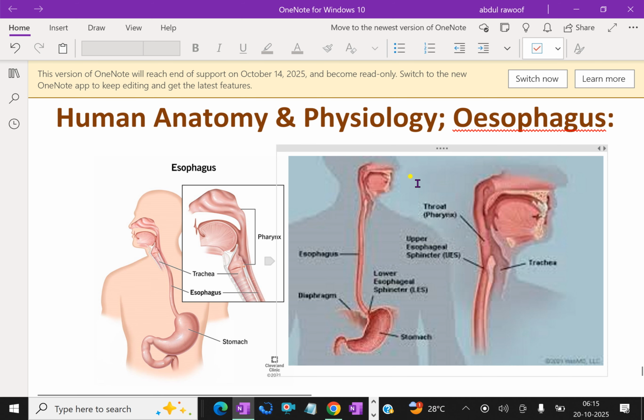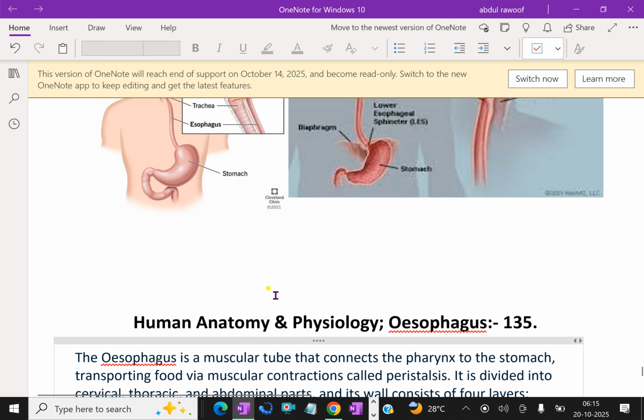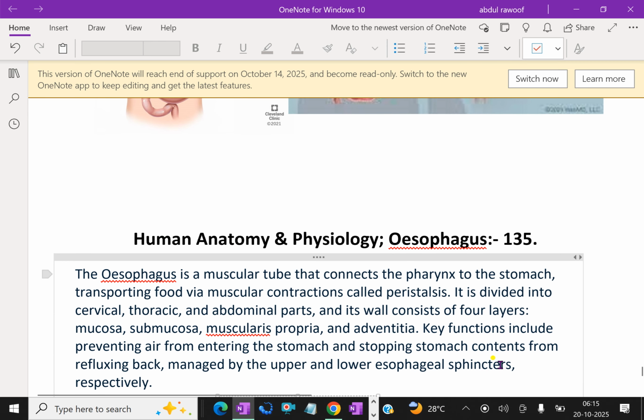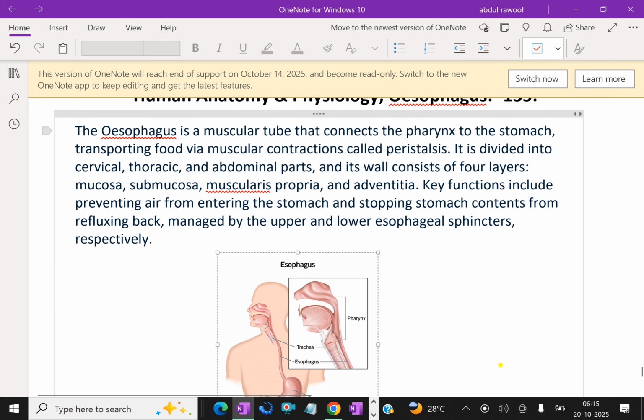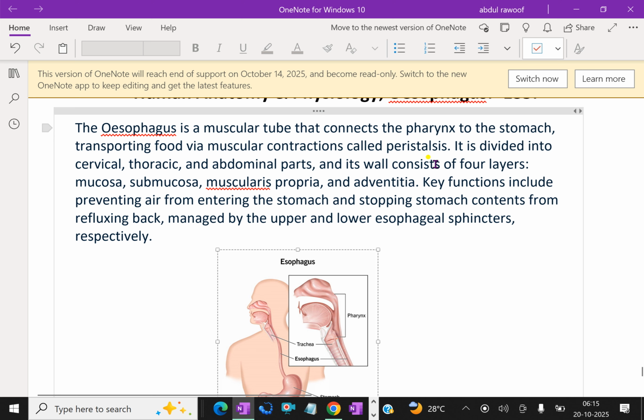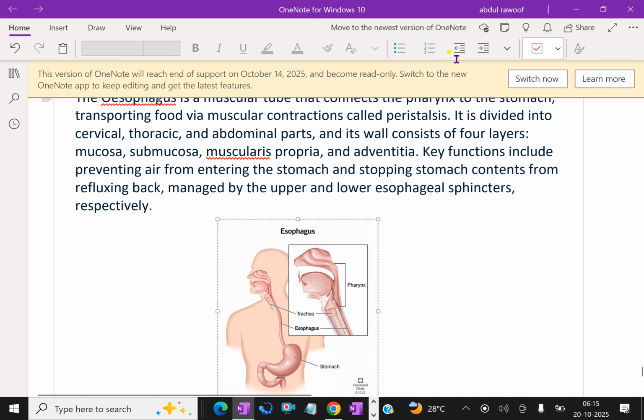We'll see now the esophagus. Look at this. The esophagus is a muscular tube that connects the pharynx to the stomach, transporting food via muscular contractions called peristalsis.